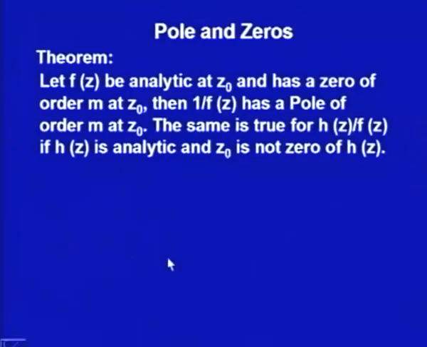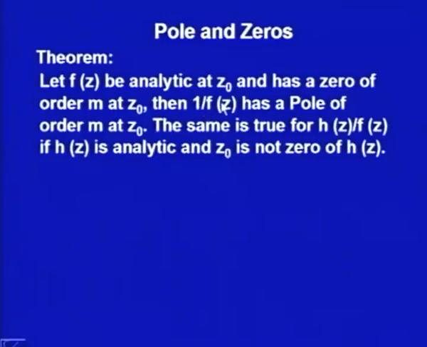So what we are saying is we are relating the zeros of an analytic function with the poles. If f(z) is analytic and has a 0 at some point, then 1 upon f(z) will have a pole at that point, and the order of that pole would be the same as the order of that 0 for f(z).